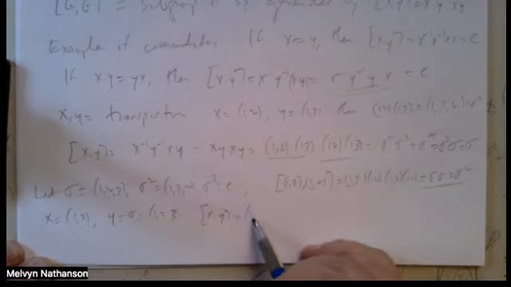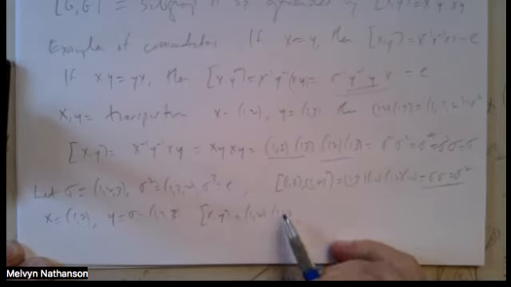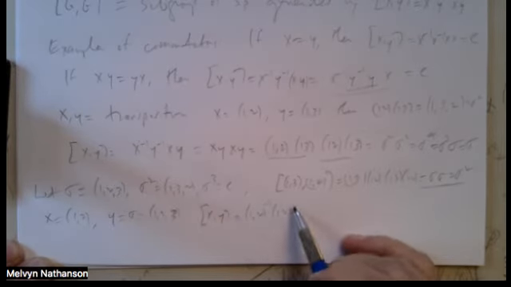That's going to be (1 2) inverse, (1 2 3) inverse, (1 2), (1 2 3). That's the definition of commutator, x inverse y inverse xy. But the inverse of a transposition is itself. The inverse of (1 2 3) is (1 3 2).